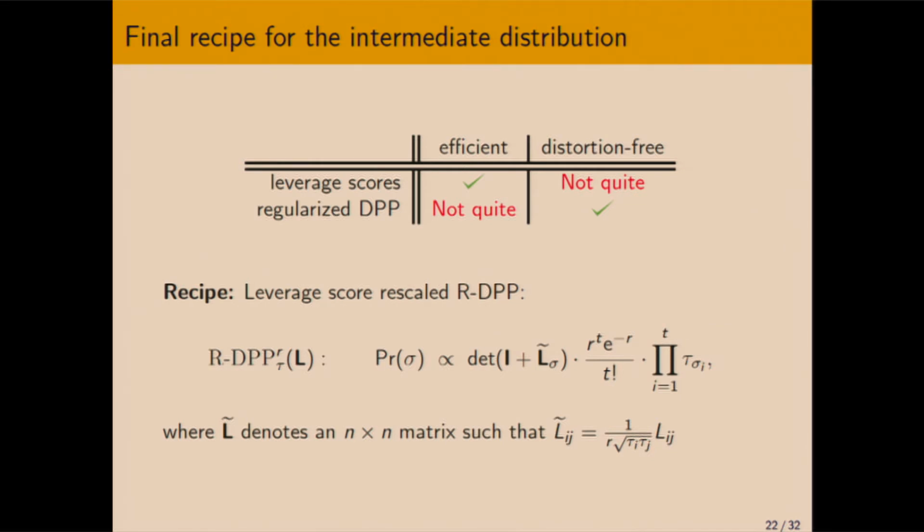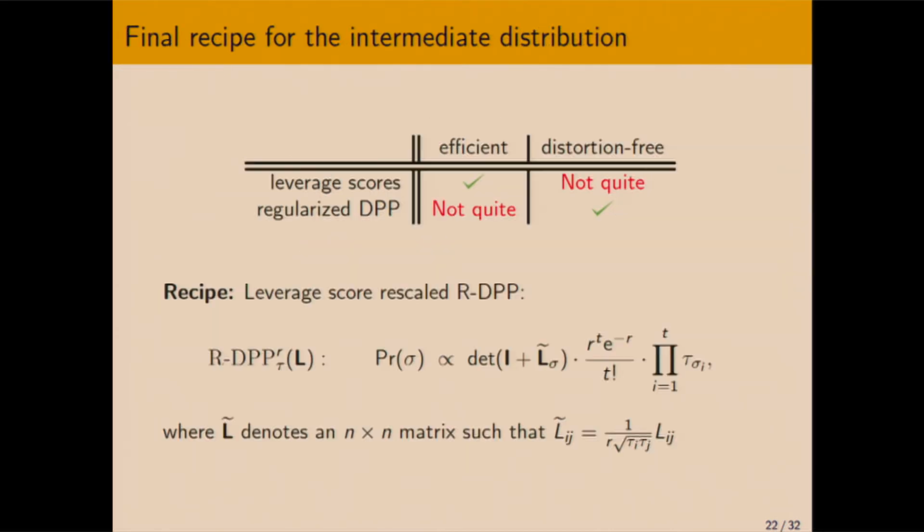There's some minor rescaling going on here. And this is the leverage score rescaled RDPP. The actual analysis happens with respect to this distribution. It would just complicate the proof sketch further to do that. But you actually have to use both of those ideas in the algorithm.